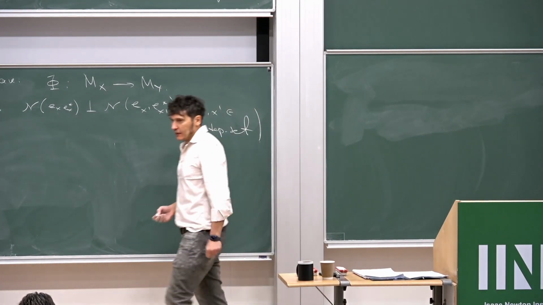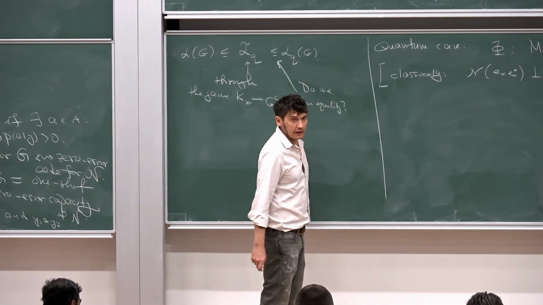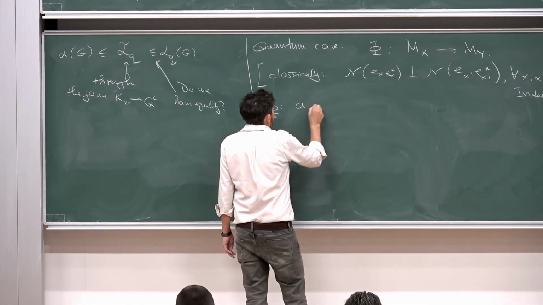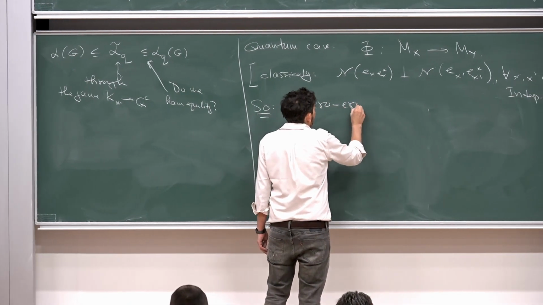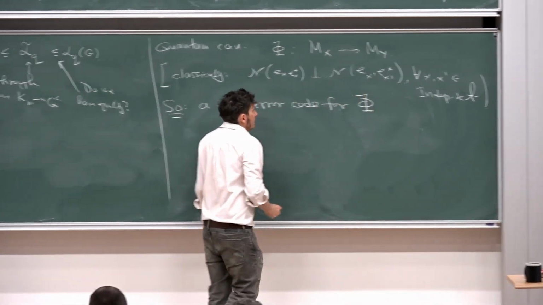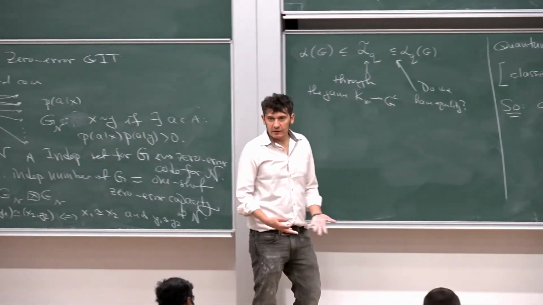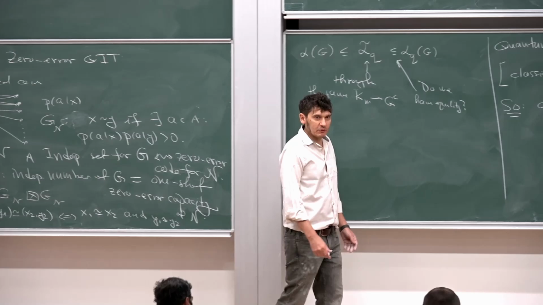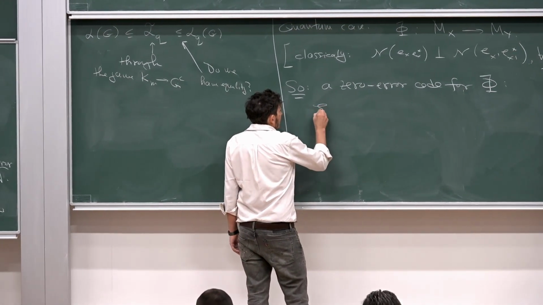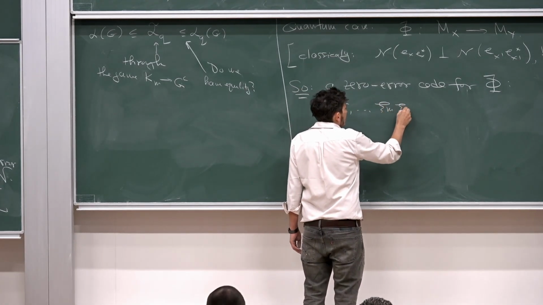So now this is quantizable easily. I want now a certain set of orthogonal states. A 0 error code for my quantum channel phi consists of some orthogonal states, and because they're orthogonal, I can just pass to a pure state, in fact, something that's supported on the same support. So this will be just a collection of pure states, C1 star up to Cm star.